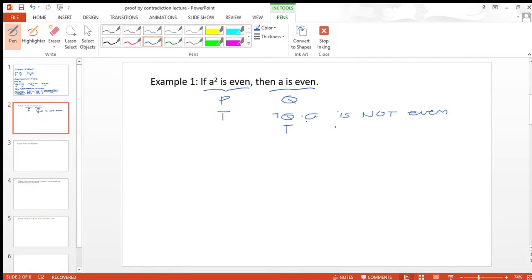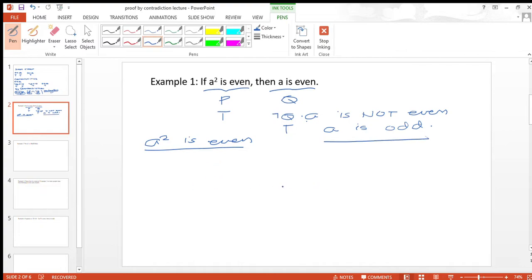Or in other words, if A is not even, then A is odd. Okay? So that will be our assumption. Our assumptions will now be A squared is even. Okay, that's one assumption. Second assumption, A is odd.